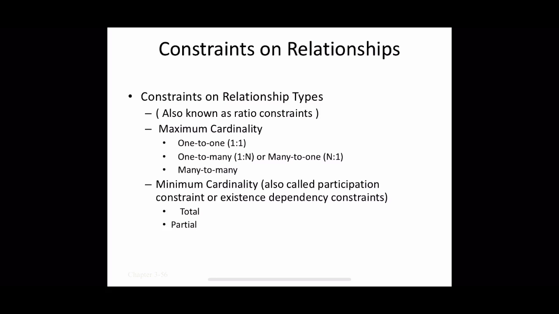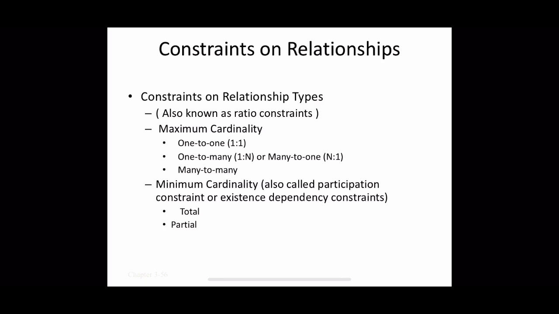Thus, the participation of employee in works for is called total participation, meaning that every entity in the total set of employee entities must be related to a department entity via the works for relation. So total participation is also called existence dependency. And the next one is partial participation.